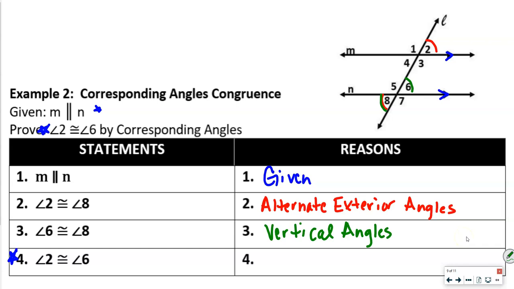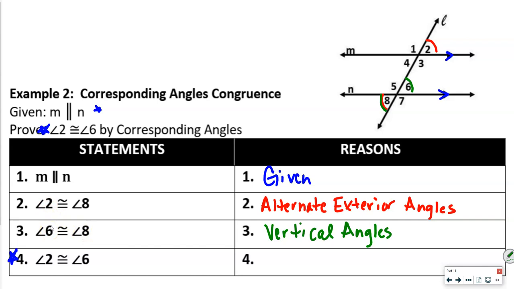Okay, so then why are angles 2 and 6 congruent to each other? I want you to look right here. We just talked about this. 2 is congruent to 8. 6 is congruent to 8. What do you see repeated here? Do you guys see angle 8 repeated? So when you have a repeated angle, you can take it out and say that 2 is congruent to 6.